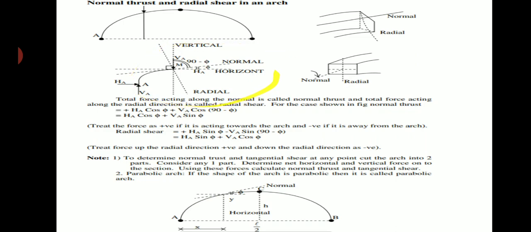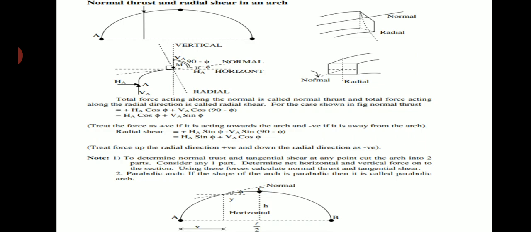Coming to the sketch here, the normal thrust can be resolved into two components along the x-axis, since there are only two forces here, HA and VA. The normal thrust components will be HA cos phi and VA cos (90 minus phi).